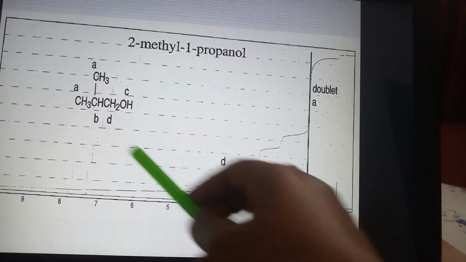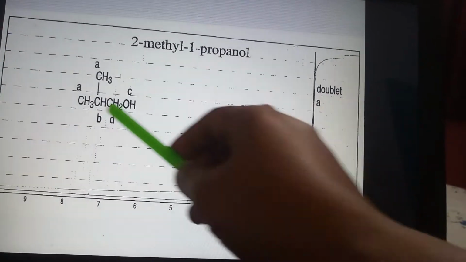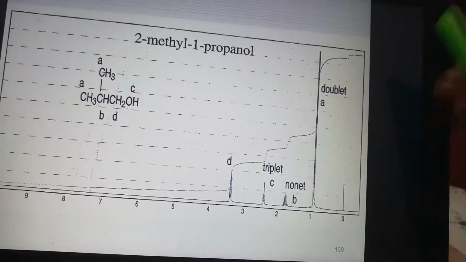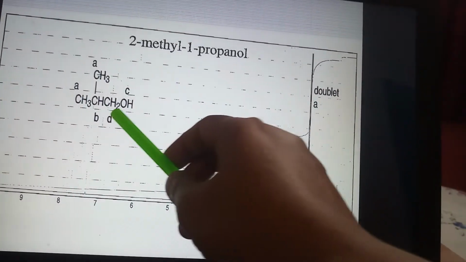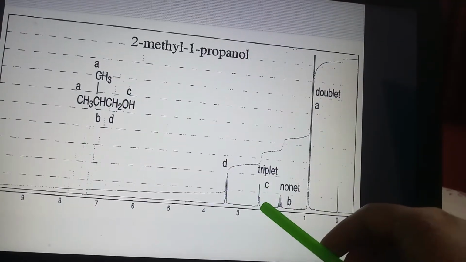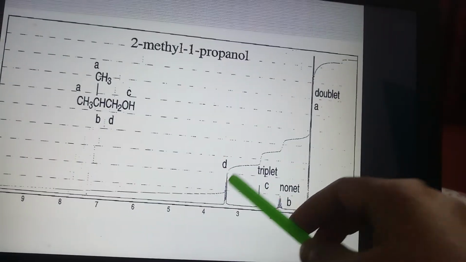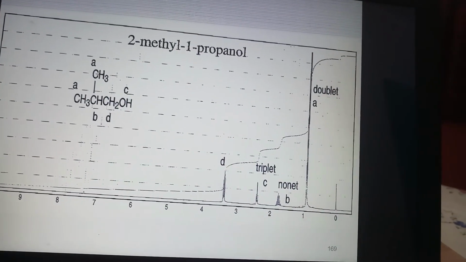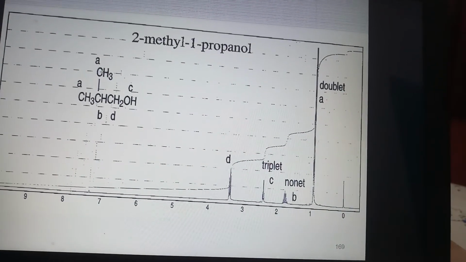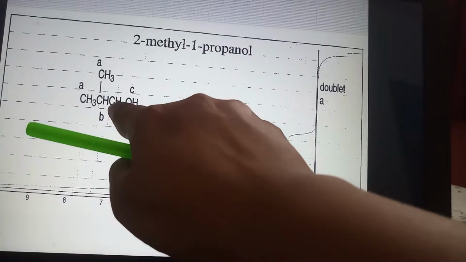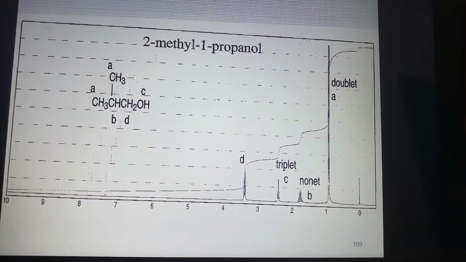And proton B is a nonet because 3 plus 3, 6, plus 2, 8, plus 1, it's a nonet. And this D proton here is a triplet, and C proton is also a triplet for the presence of CH2.